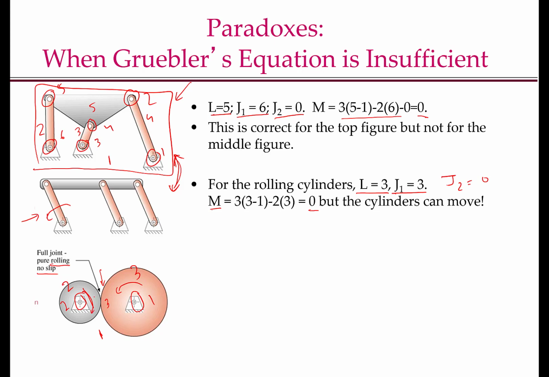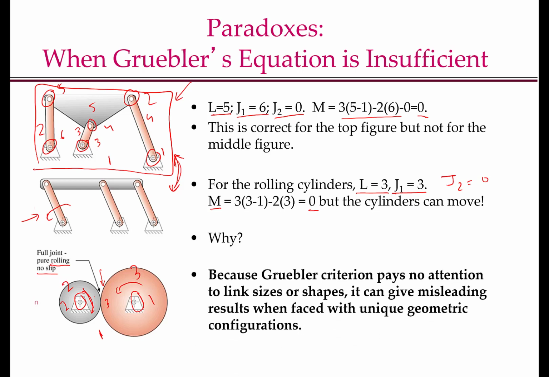So we know that cylinders can move relative to each other. So what's happening here? Why do we get these paradoxes? And it's specifically because Gruebler's equation pays no attention to link sizes or shapes. So when there are unique geometric configurations, it can give misleading results.